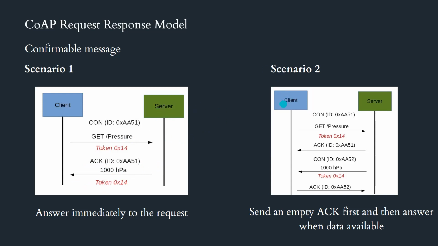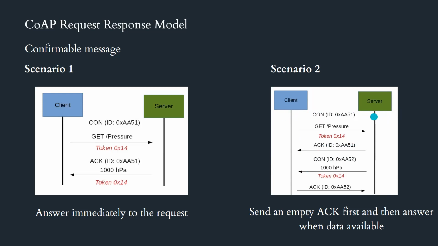And then in the second scenario, the client is sending a request for pressure data from the server, and the server sees that it does not have the pressure data at that time. So therefore, the server is sending an ACK message type with no information about the pressure, just an empty ACK message. And then the client knows that the server has received its request, and the client is waiting.